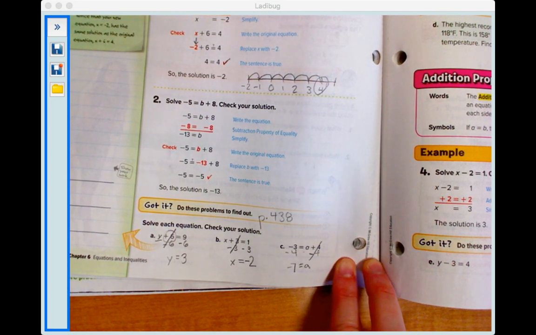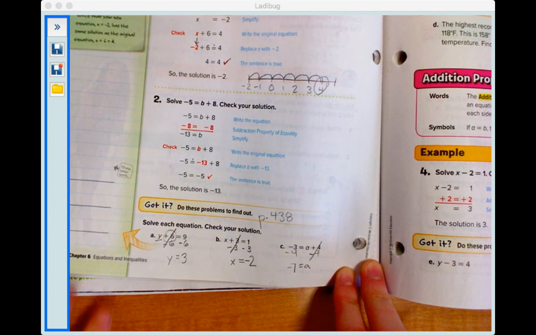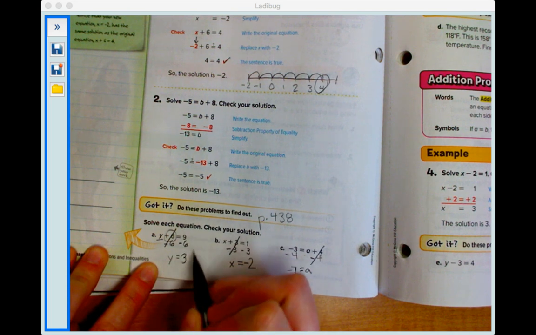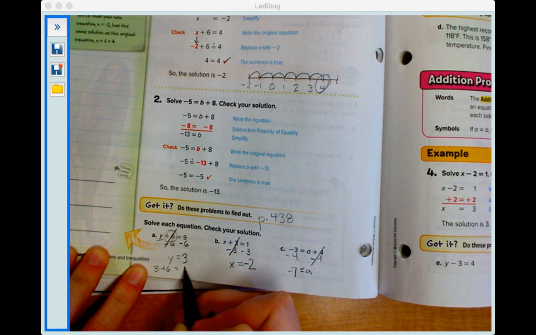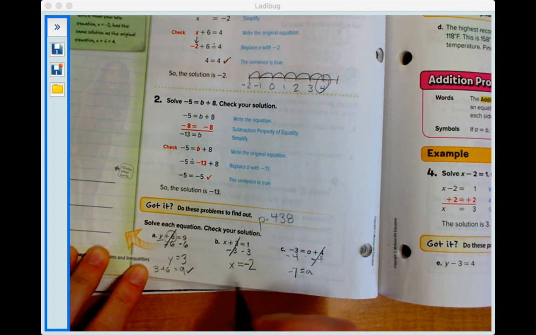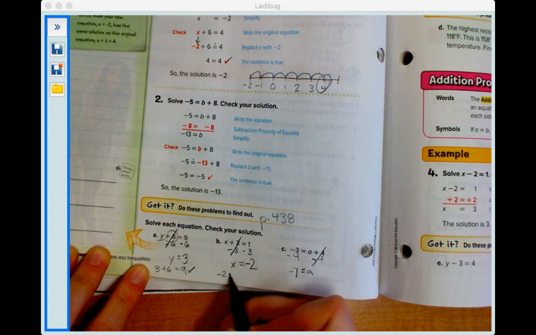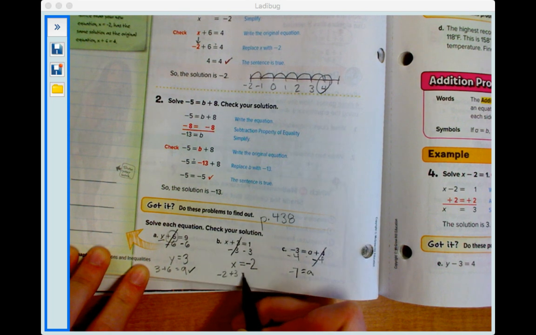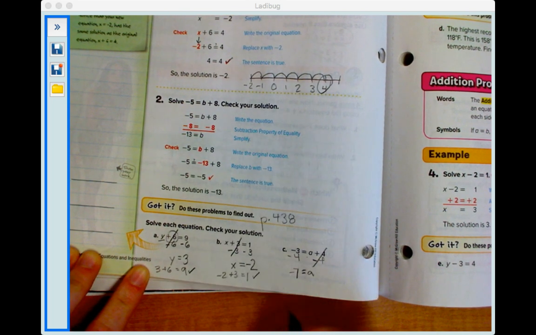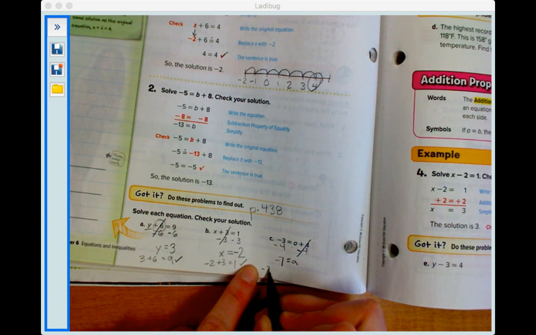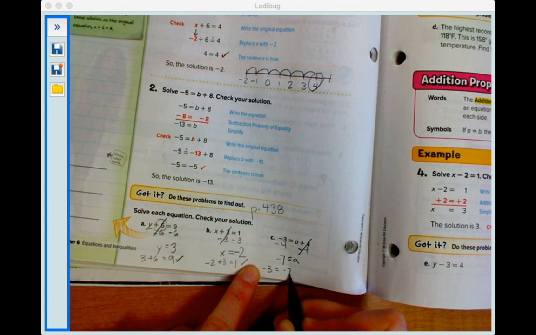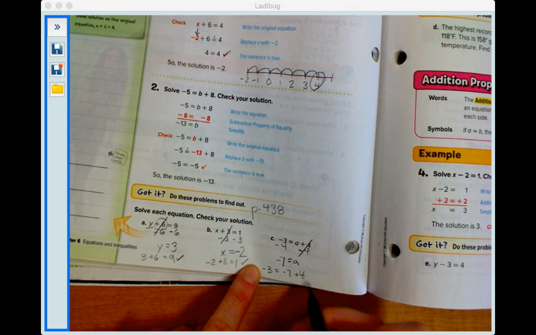Let's go back and check all of our answers. 3 plus 6 equals 9. Good. -2 plus 3 equals 1. Good. -3 equals -7 plus 4.